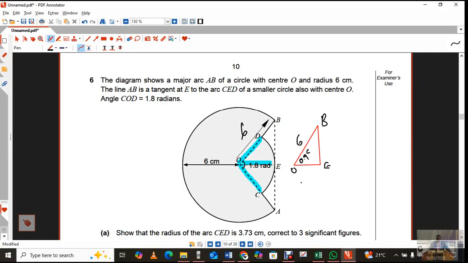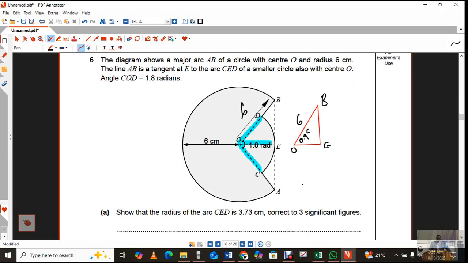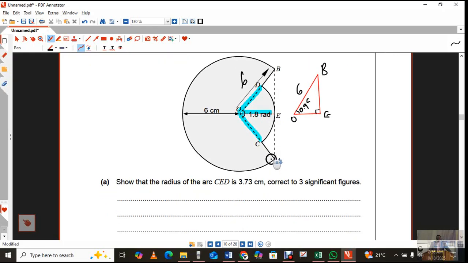This is obviously a right angle triangle. 0.9 is half of 1.8. This little c is a symbol for radians. So I will say the cosine of 0.9 is equal to OE, which is the radius, over 6.